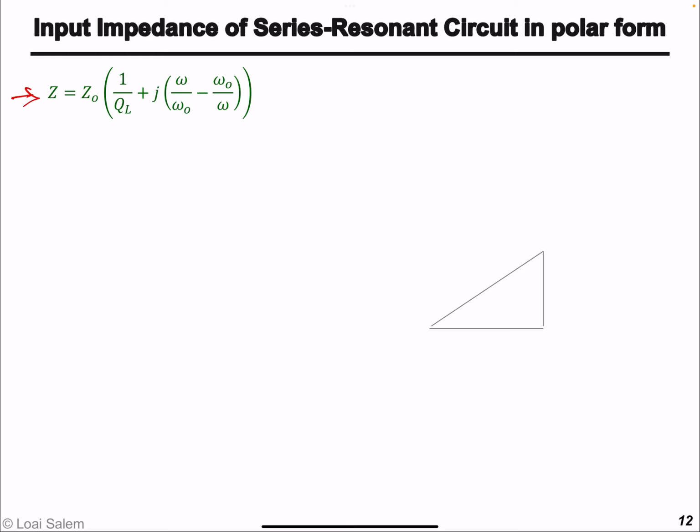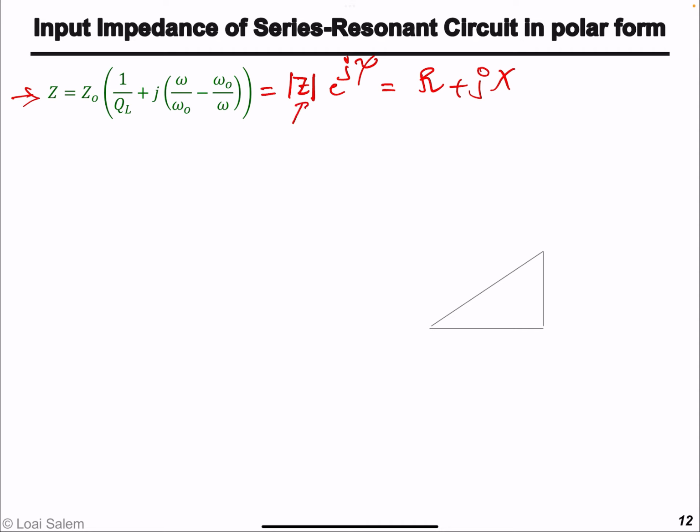Now we know that this Z, we can express it in polar form by its magnitude times e to the j psi. And of course, in Cartesian form, it has a real part and an imaginary part. So what is the value of Z?